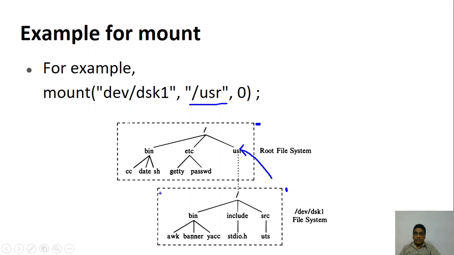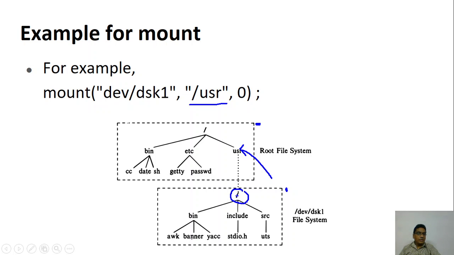Now the existing file system may also have its own hierarchy. So which part of the hierarchy do I want to connect? This file system, let's say, also has a root.